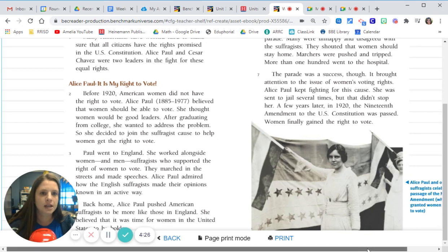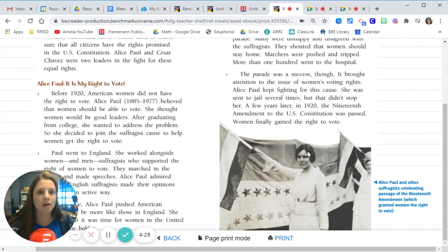Let's take a look down here. Here's a photograph, and I'm wondering if that's Alice. Let's look at the caption. Alice Paul and other suffragists celebrating passage of the 19th Amendment, which granted women the right to vote. Okay, so I'm taking what I already know and putting that together with what I think this text is going to be teaching me.